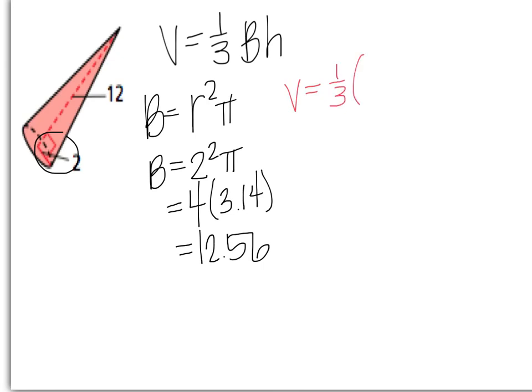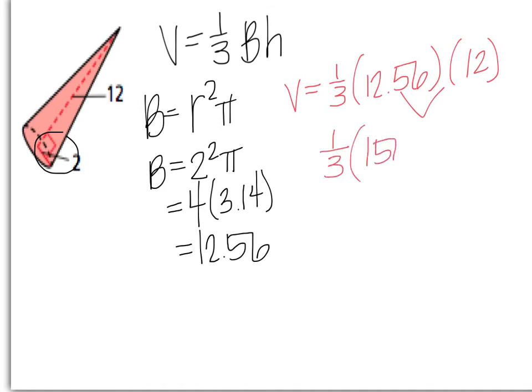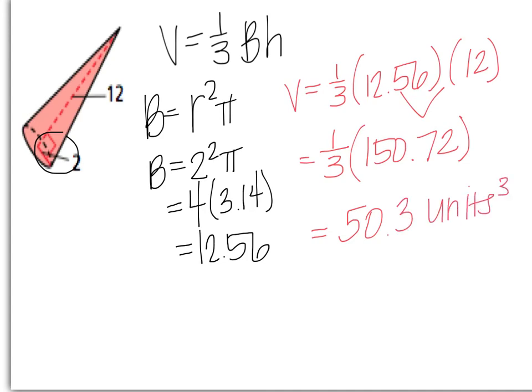The base that we just figured out is 12.56 times our height, which they show me is 12. If I multiply these two numbers out, I get 1/3 times 150.72. Remember, this is the same thing as dividing by 3. So what you should end up getting, rounding to the nearest tenth, is 50.3 units cubed.